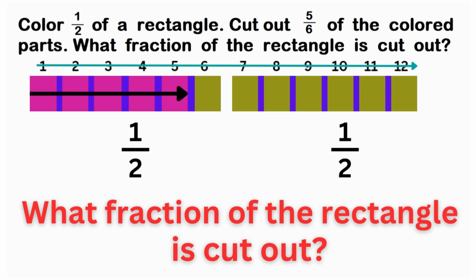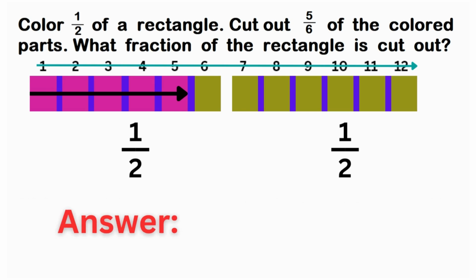There are 12 bars. Since only 5 are colored, or cut out, over the whole or total number of bars or units, our answer is 5 over 12.